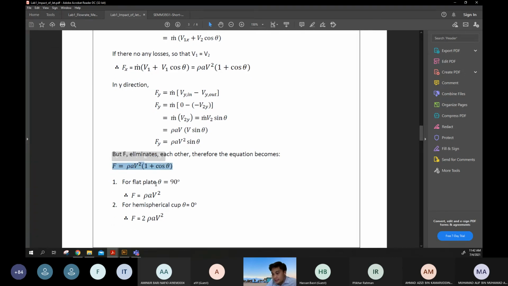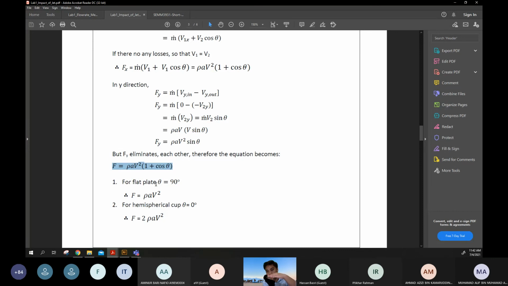For your case, you consider two cases. The first is the impact on the flat plate, where the angle is equal to 90 degrees, perpendicular, having the impact of water at 90 degrees. The second case is the hemispherical cup, with theta of 0 degrees. That means it is like this.